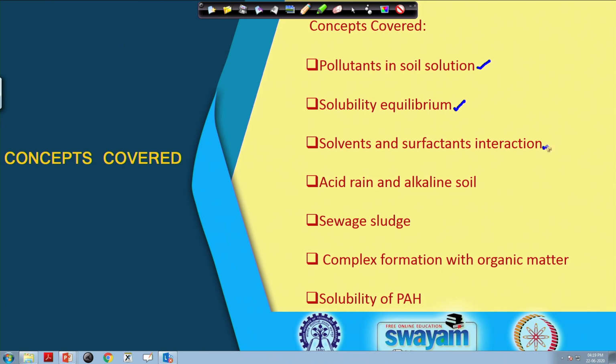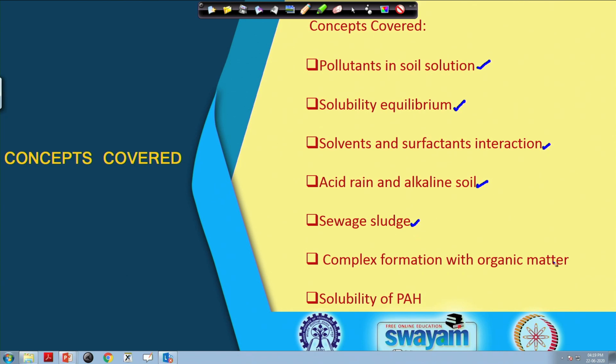surfactants interactions, and next we will be talking about acid rain formation as well as gypsum dissolution in alkaline soils. Then we are going to cover one of the most important aspect, that is sewage sludge and its impact on soil pollution.